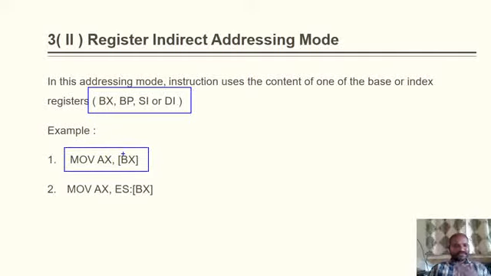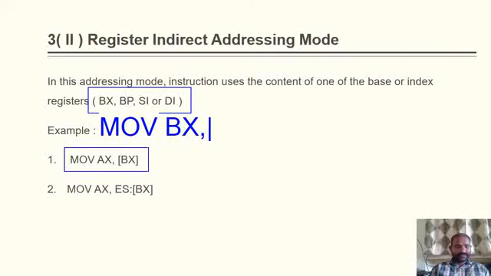For example, assume that I have one instruction like MOV BX, 9000h. BX comma 9000h.